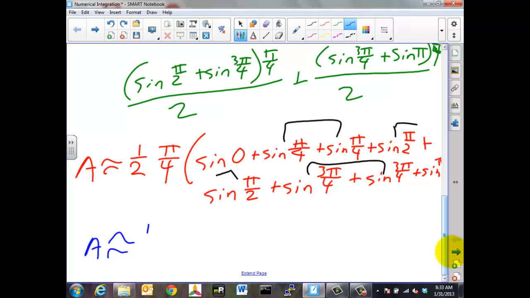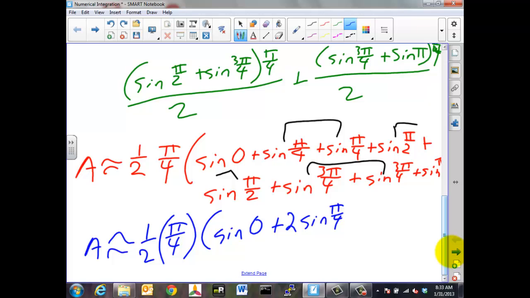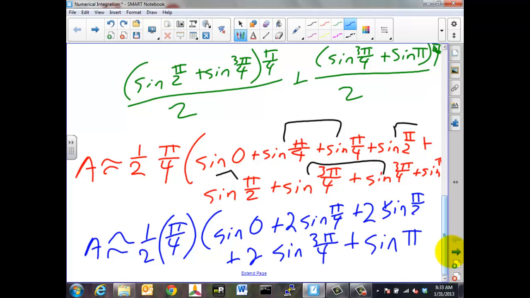We can get that the area is approximately 1/2 times pi over 4. And I know I can multiply those together, but I want to keep them separate for another reason here. Sine of 0 plus 2 sine of pi over 4 plus 2 sine of pi over 2 plus 2 sine of 3 pi over 4 plus the sine of pi.